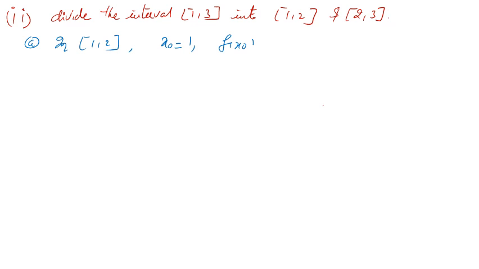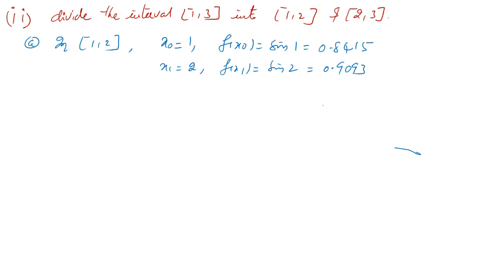What is f of x0? It is sine 1, which is 0.8415. Next, x1 is 2, and f of x1 is sine 2, which is 0.9093.